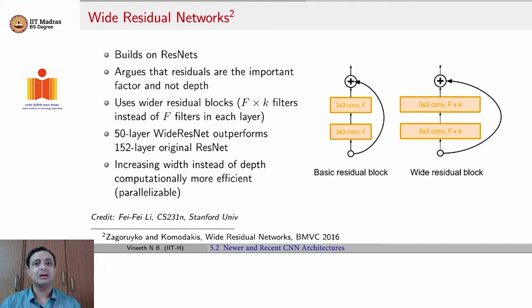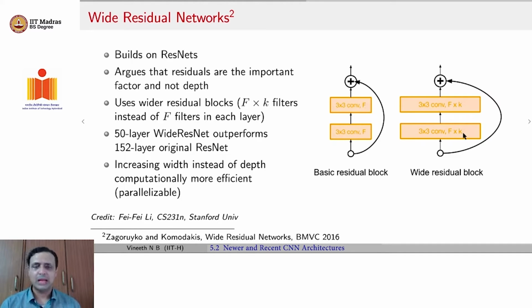So to study that hypothesis, they increased the width of each residual block by multiplying the number of filters k-fold. In the basic residual block, if you had two 3x3 convolutions with f filters each, or f feature maps each, that's again, if you recall, the depth of the output of each layer, they increased each of them k-fold and made it fk and fk.